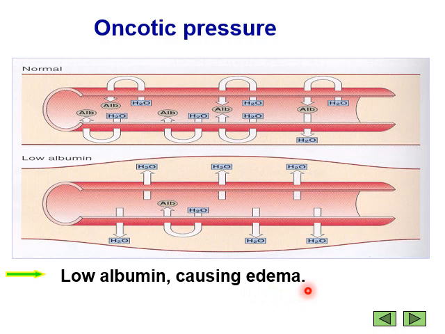This is how low albumin cannot prevent the process of osmosis. But here, with a normal amount of albumin, it is preventing the process of osmosis. So what pressure is it providing? It is providing colloid osmotic pressure or oncotic pressure, and the normal colloid osmotic pressure value is 25 millimeters of mercury.